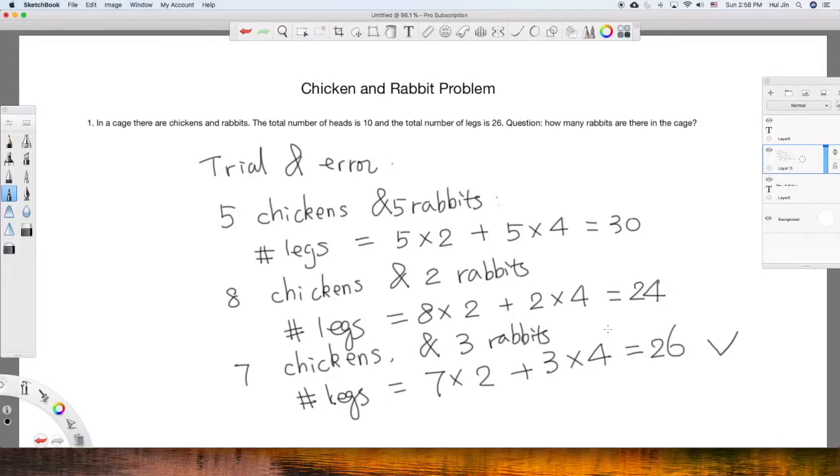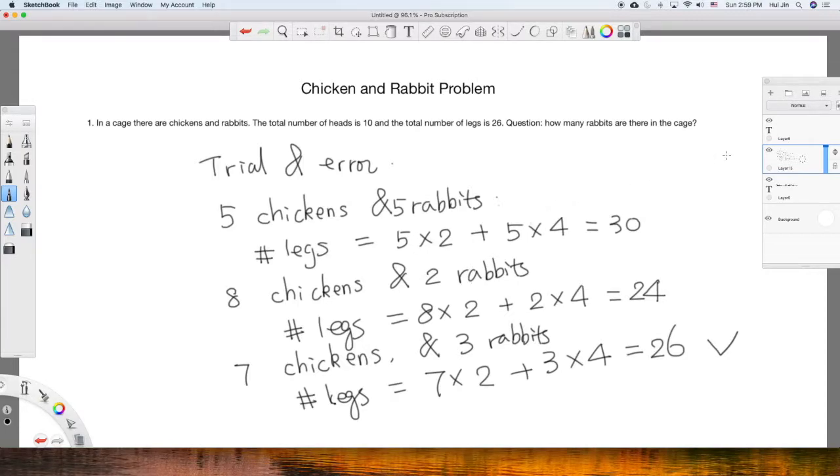Now, by doing trial and error, you are taking the indications, right? You're using the number of legs and how far from the target to get an idea if you're close or not. And that's a very, very useful method.